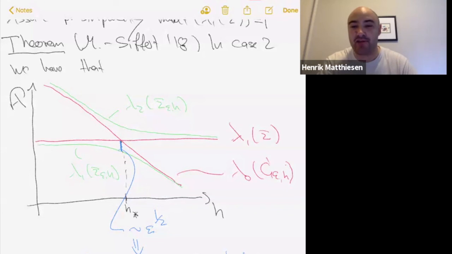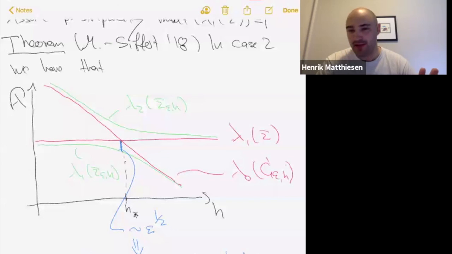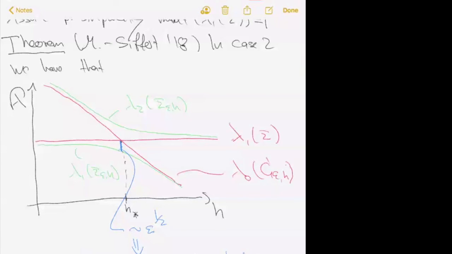But if you move to higher eigenvalues, the story gets more complicated. There are more linear constraints to satisfy. But I think you still expect monotonicity in genus to hold for higher eigenvalues. Maybe, yeah, but you have to put in some more technical work. Right. Okay.